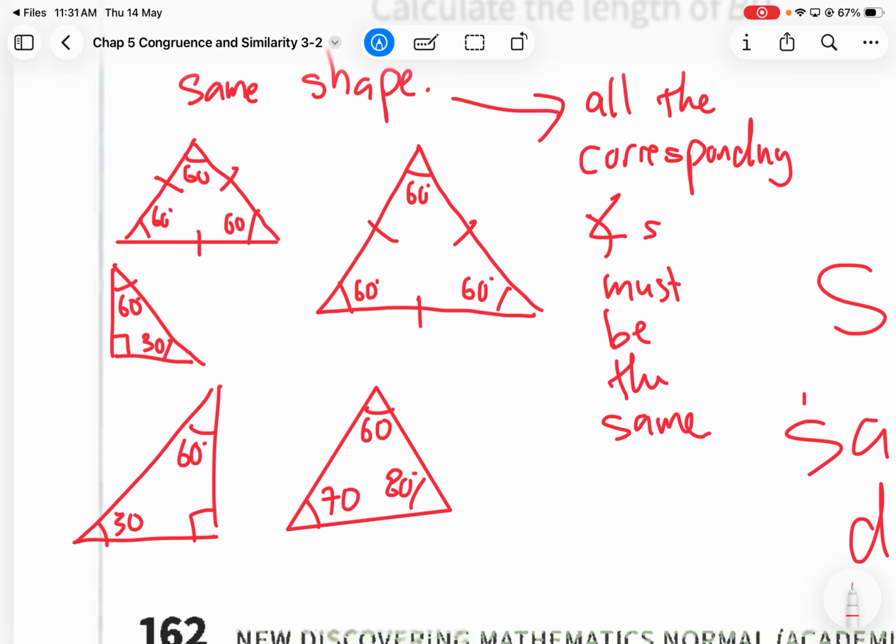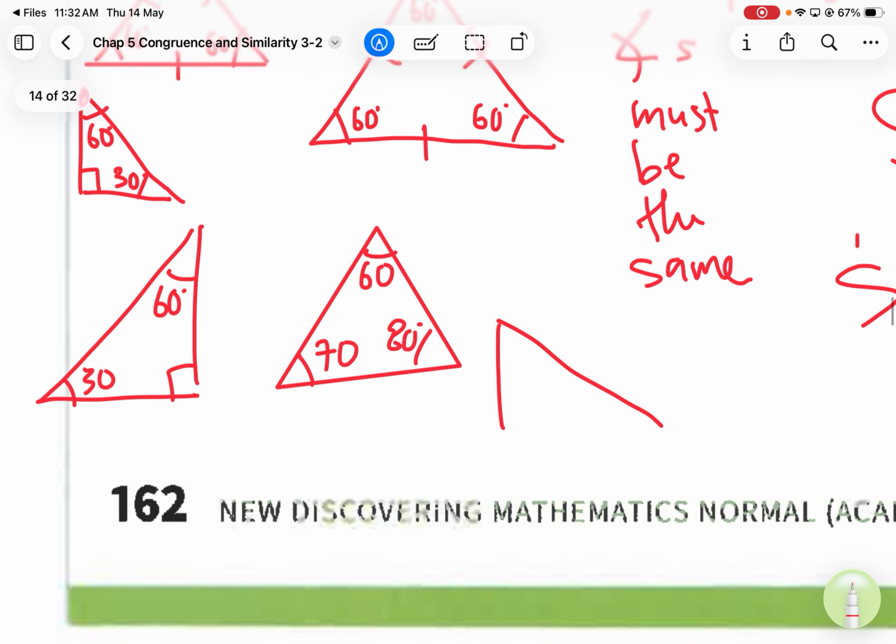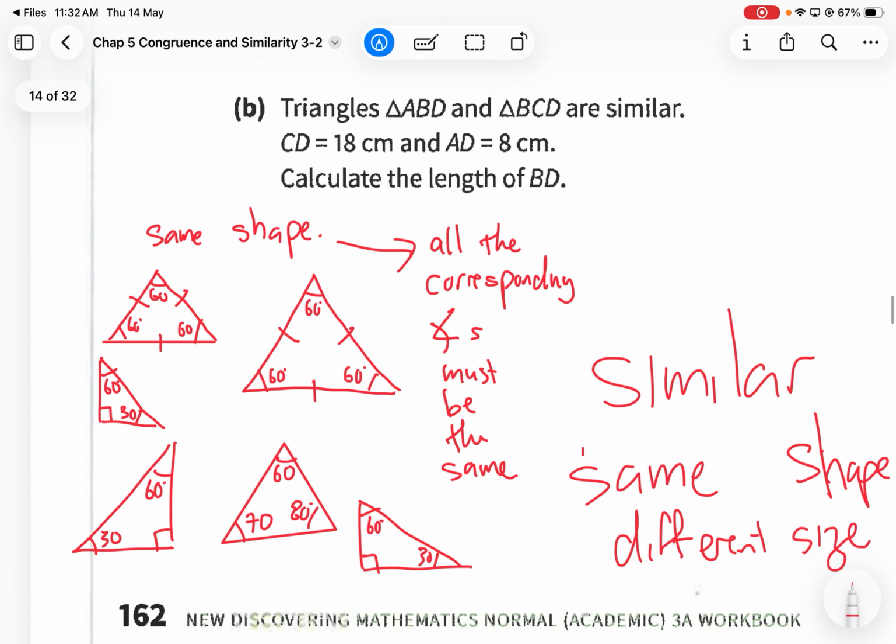Yes, because the 90 corresponds to the 90, 30 corresponds to 30, 60 corresponds to 60. They still have the same shape. No matter how I place this right angle triangle, as long as there is a 90, 30, 60, all these three triangles, I can say they are similar because they have the same shape. So when all the corresponding angles are the same, they have the same shape.